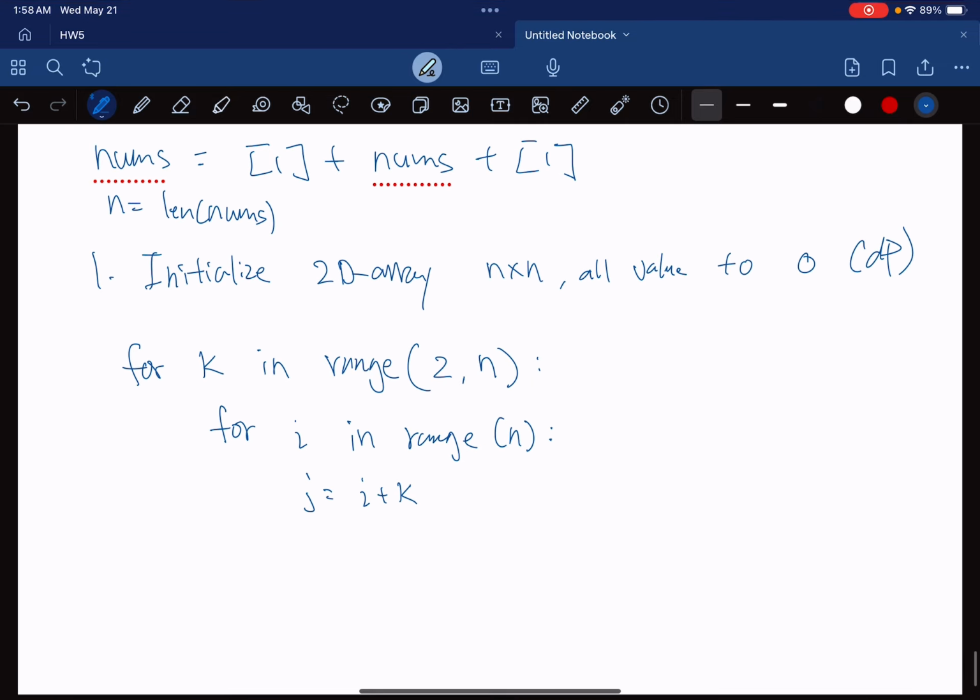But there's also an issue, because after adding k, j could be out of range of n. So if j is out of bound, break. We don't want j to be out of bound. We would just move on to the next row if j is out of bound.